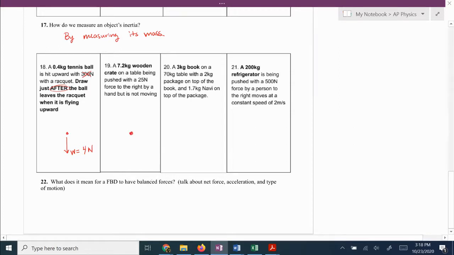A wooden crate on a table is being pushed with a 25 newton force to the right by hand, but is not moving. Let's get our vertical forces here. Weight is equal to 72 newtons. That means we have a normal force of 72 newtons.